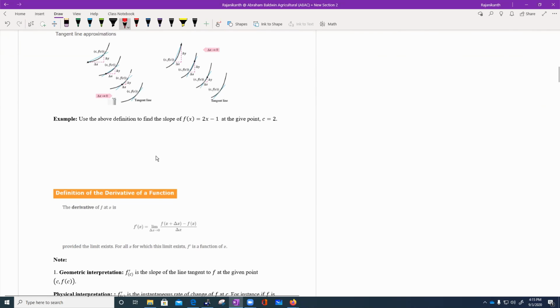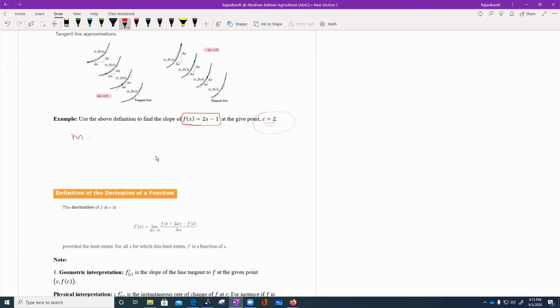Use the above definition to find the slope of the given function f(x) equals 2x minus 1 at the given point 2. Basically, they are asking us to find the slope of the tangent at the given point c. So simply use the formula.